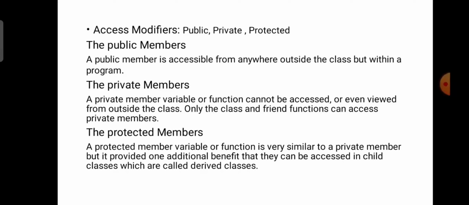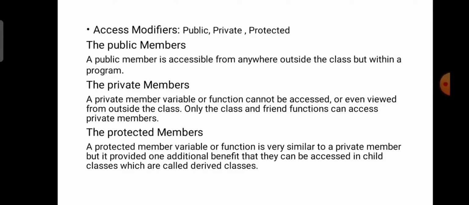Only the class and the friend function can access private members. What about protected members? A protected member variable or function is very similar to a private member, but it provides one additional benefit: they can be accessed in a child class, which is called a derived class.